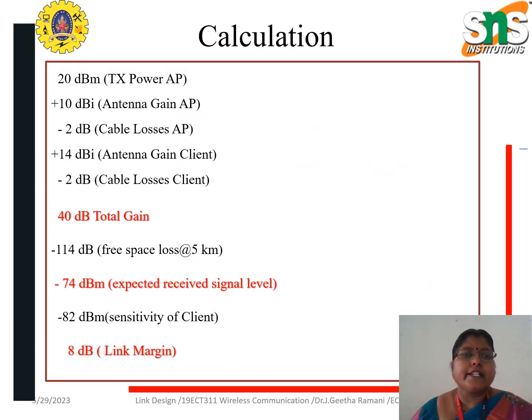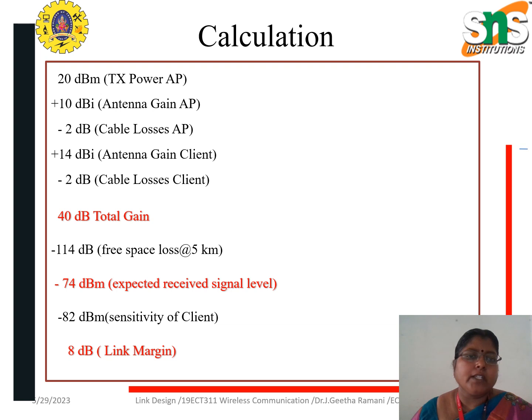So we start right from the transmitted power. Transmitting power is 20. Transmitting antenna gain is plus 10. So gains are indicated with a plus sign, and losses are indicated by a negative sign, subtraction. Cable loss is 2 dB, and antenna gain on the client side is another plus 14, and on the client side you have cable losses of minus 2 dB.